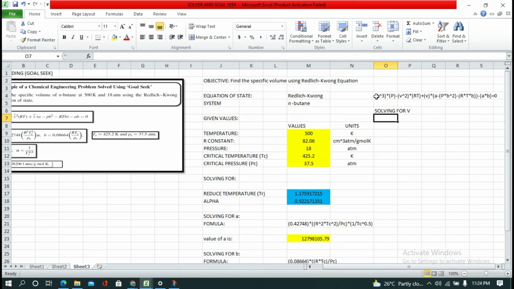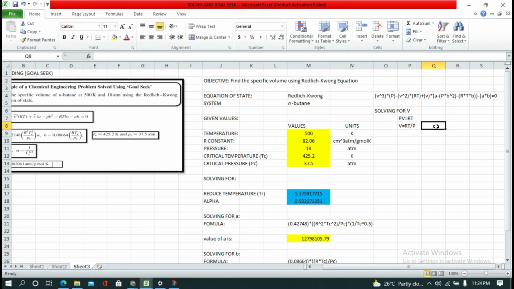In order to find the initial value of the volume, we can use the ideal gas equation, PV, or the pressure times volume, is equal to the R constant times the temperature, T. By manipulating this equation, we can solve for V. So V is equal to RT over P, which is the pressure.